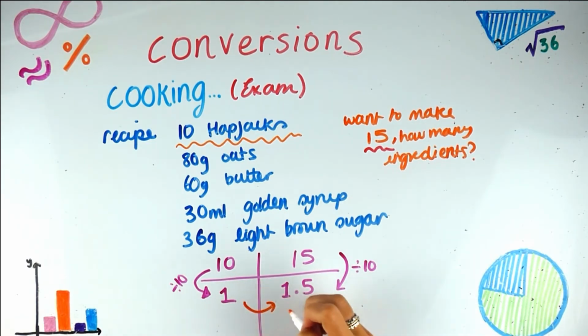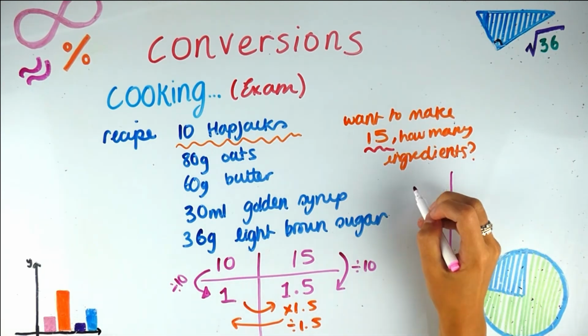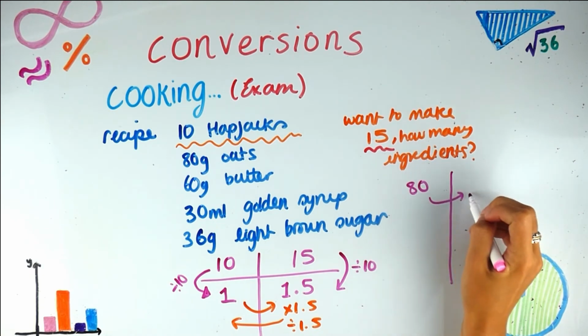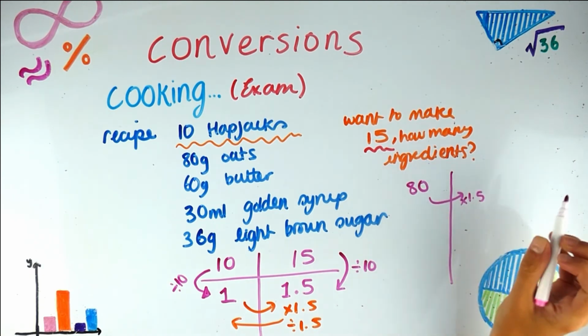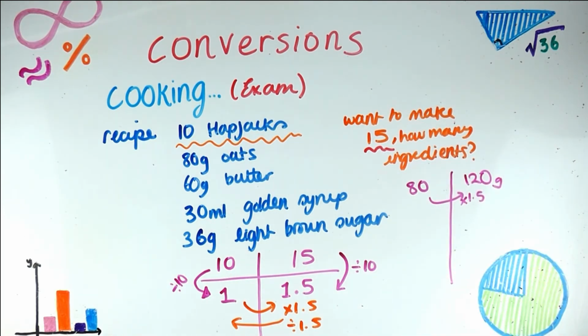So to get here, I multiply by 1.5, and if I wanted to go the other way, I divide by 1.5. But the way I'm going, if this was long enough, if I continued over here, I have the ingredients for 10 flapjacks, so I would have 80 over here. So to get it for 15, I would multiply by 1.5, which would give me that 120 grams that I worked out the other way.